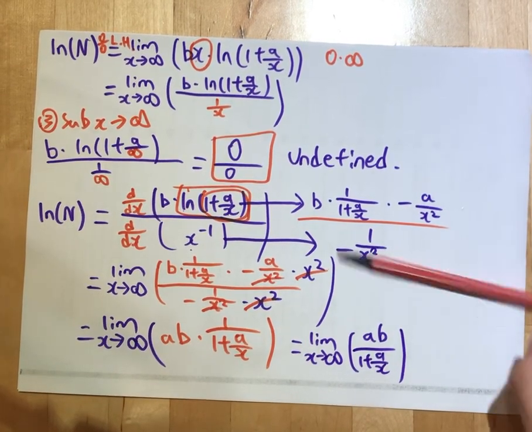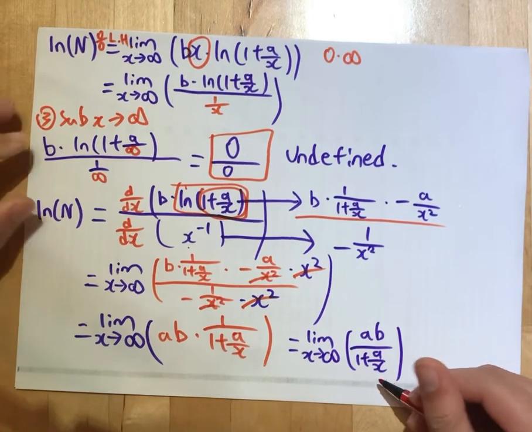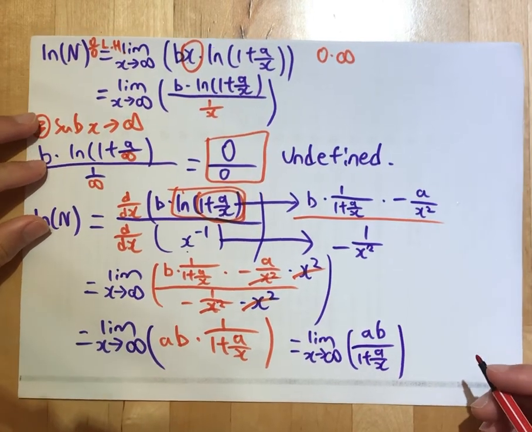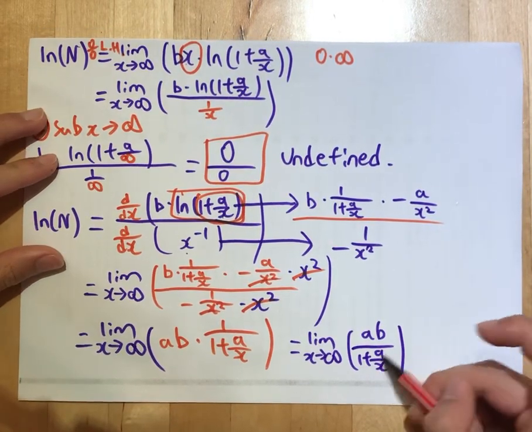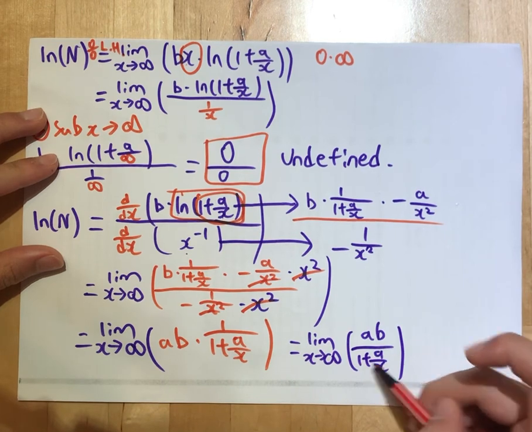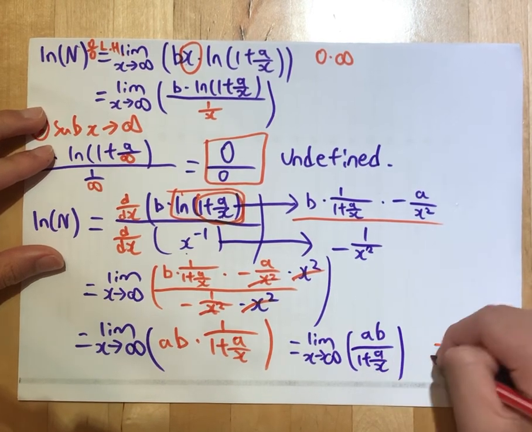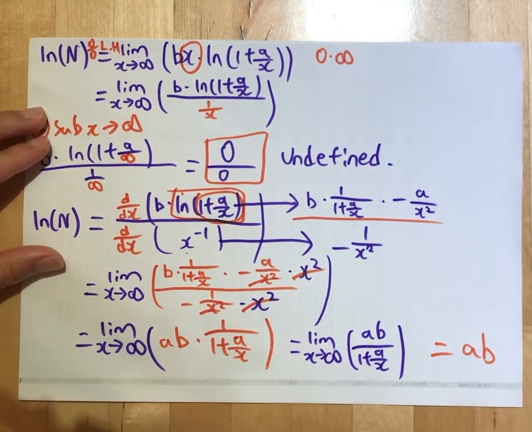But do you remember, x is infinity, so a over x is 0, and then 1 plus 0 is 1, so that our answer is ab.